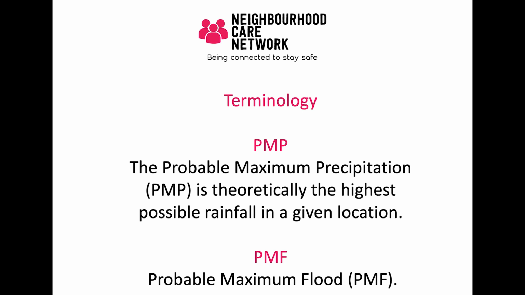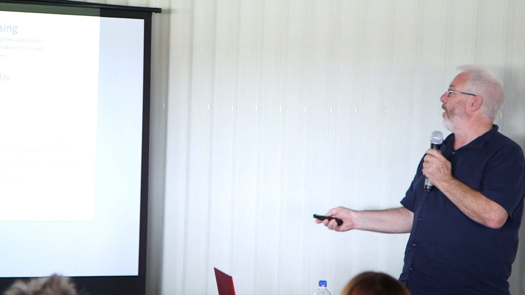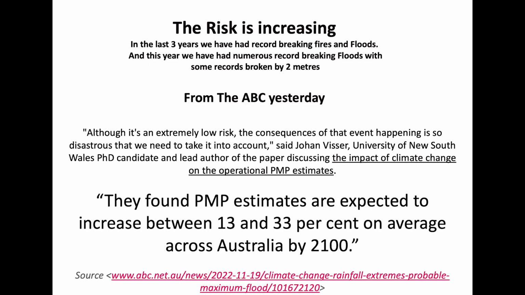The probability of a PMF, a probable maximum flood, is very unlikely, exceeding the 1 in 1,000 years. But in saying that, the next slide is about the increasing risk.